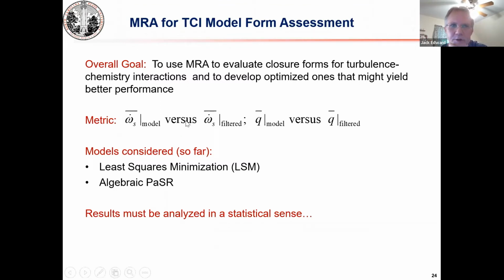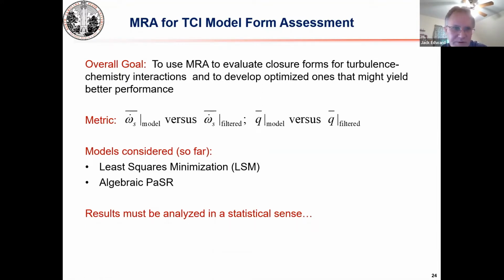For the same data set, we've done two analyses of this. One is for a model called LSM, which I'll describe briefly. Another is for a set of algebraic PASR models that people have used fairly recently to model turbulent combustion.